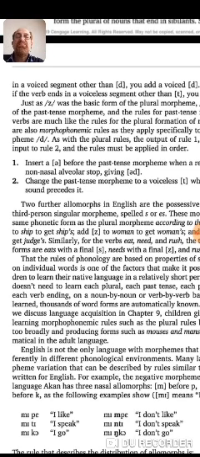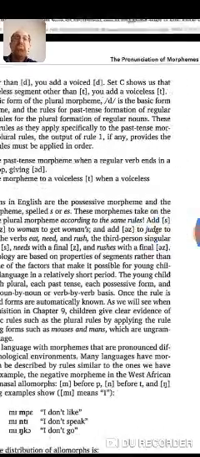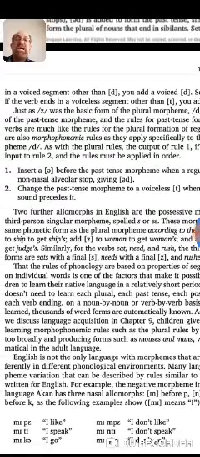Number 2: change the past tense morpheme to a voiceless t when a voiceless sound precedes it. What does it mean? You change it to t. It is similar to changing z to s in the previous example. Remember, these two things are similar: number 1, regular past tense, and number 2, the previous example, regular plurals.